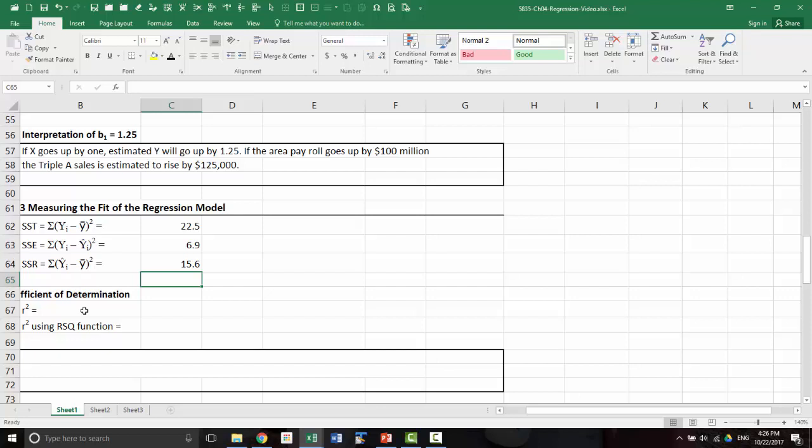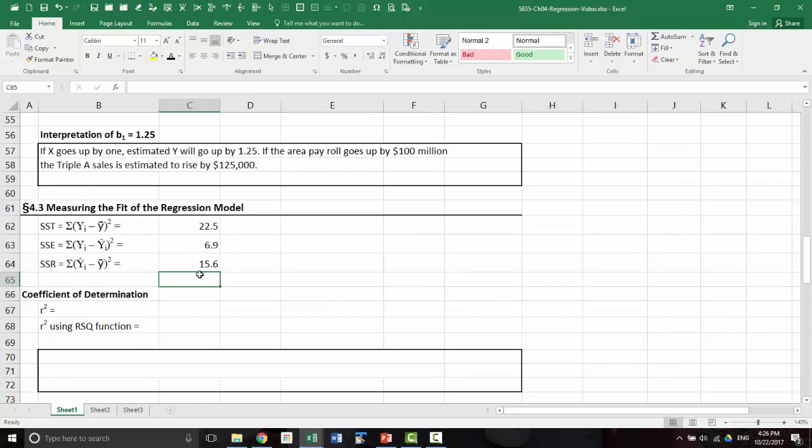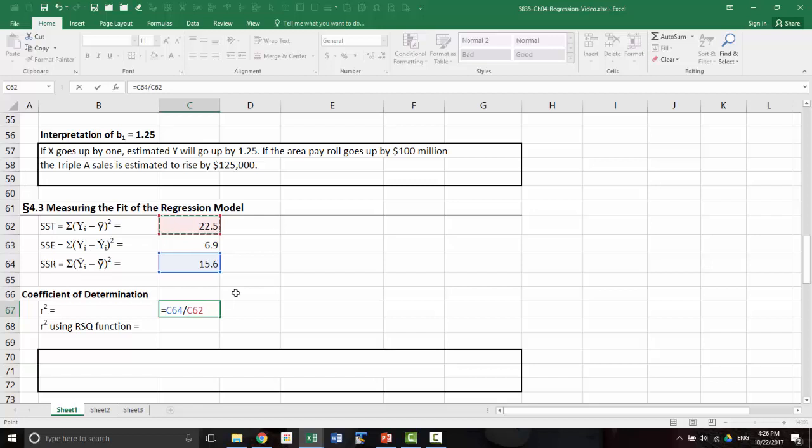So we take the ratio of SSR, the error that is explained by the regression, divided by the total error that we started out with. Oftentimes it's expressed as a percentage.